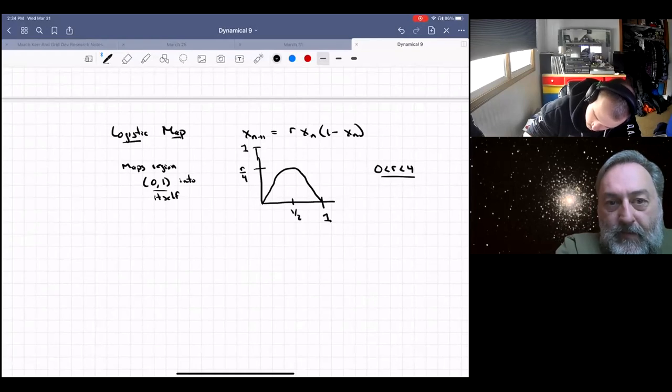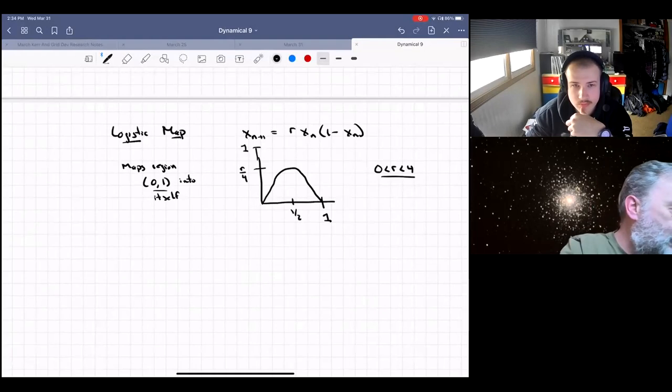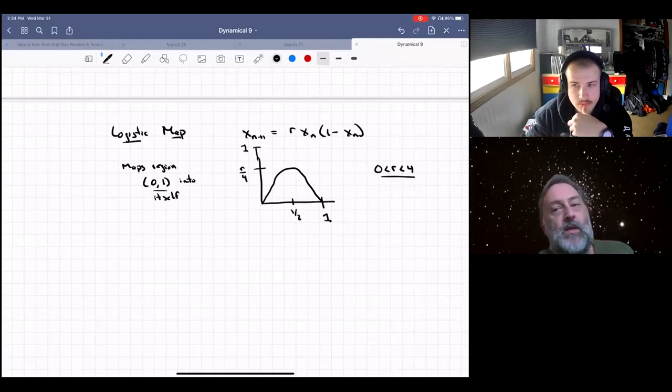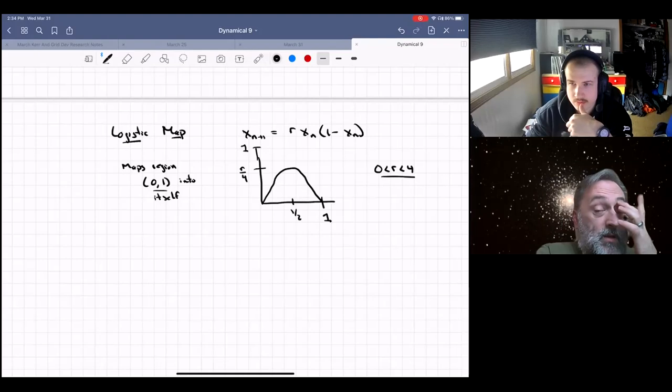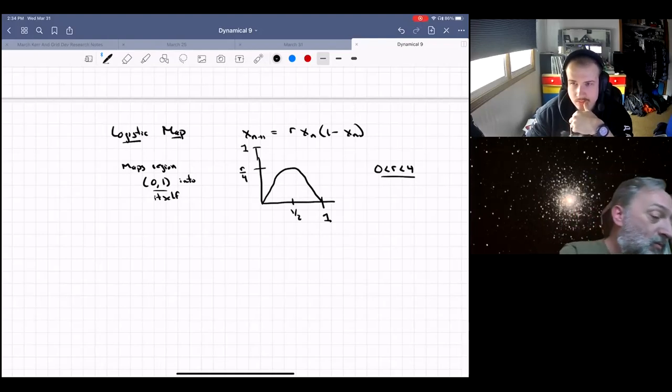Now, you can write computer code to bounce the points along, and that's one way to do it. Another way is something called a spider web construction.